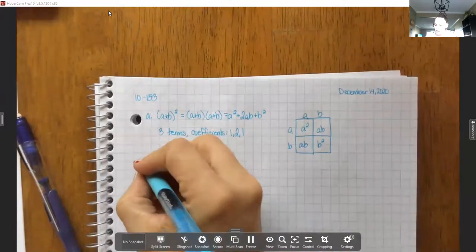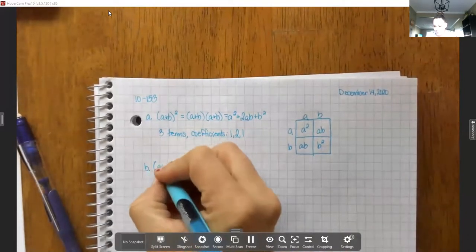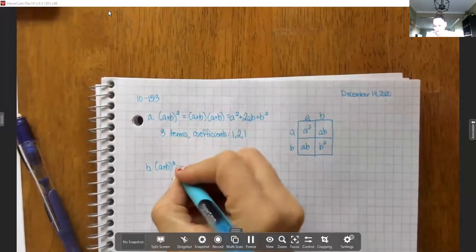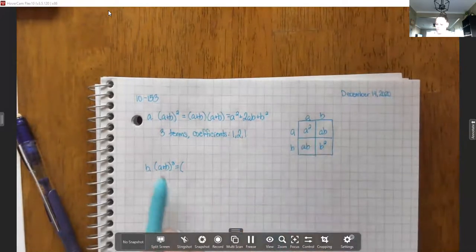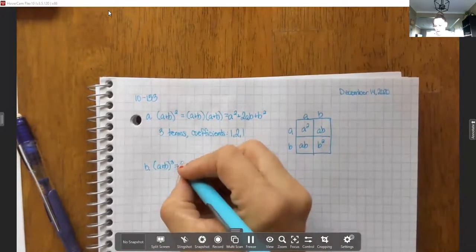And then B wants us to do a plus b to the third, which we know is a plus b times a plus b times a plus b. I don't need to write it out, but I already started it.